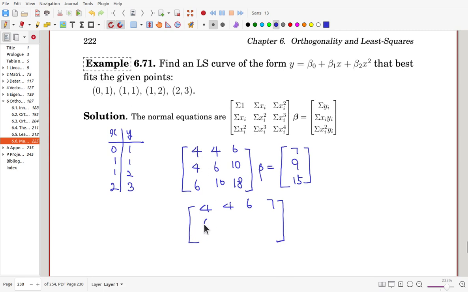That will be 0 and 2, 4, 2. Now, 2 eliminated that one. We multiply the first row by 3 over 2 and subtract.